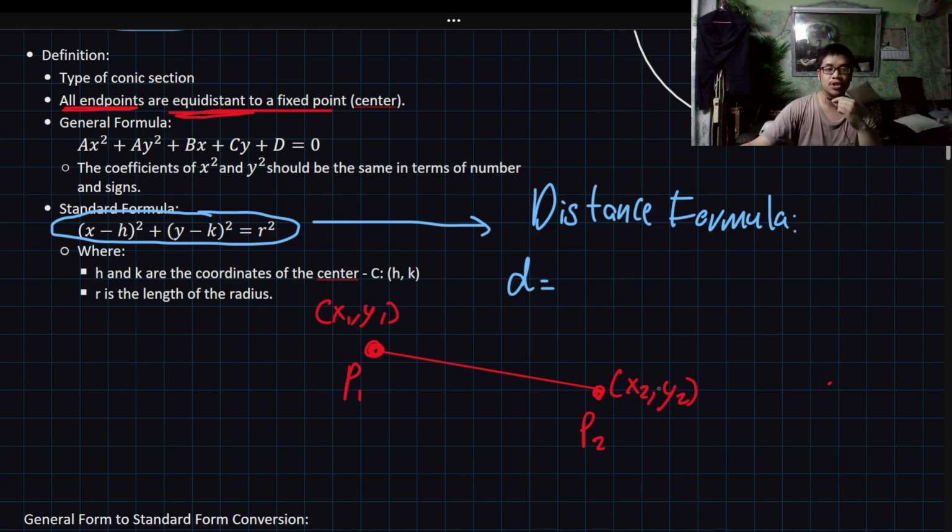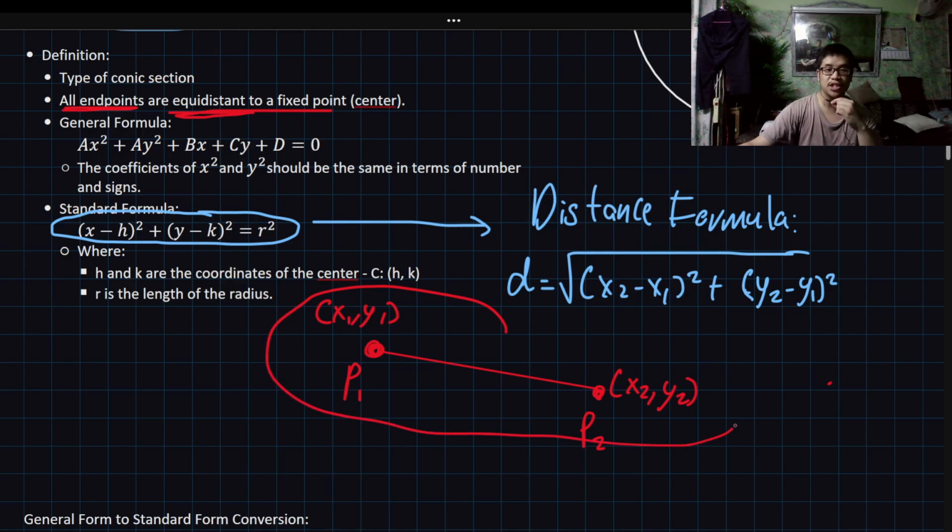We can get the distance between them via the distance formula, where d, the distance, is equal to the square root of (x sub 2 minus x sub 1) squared plus (y sub 2 minus y sub 1) squared. This is the distance formula. It will tell you the distance between these 2 points.